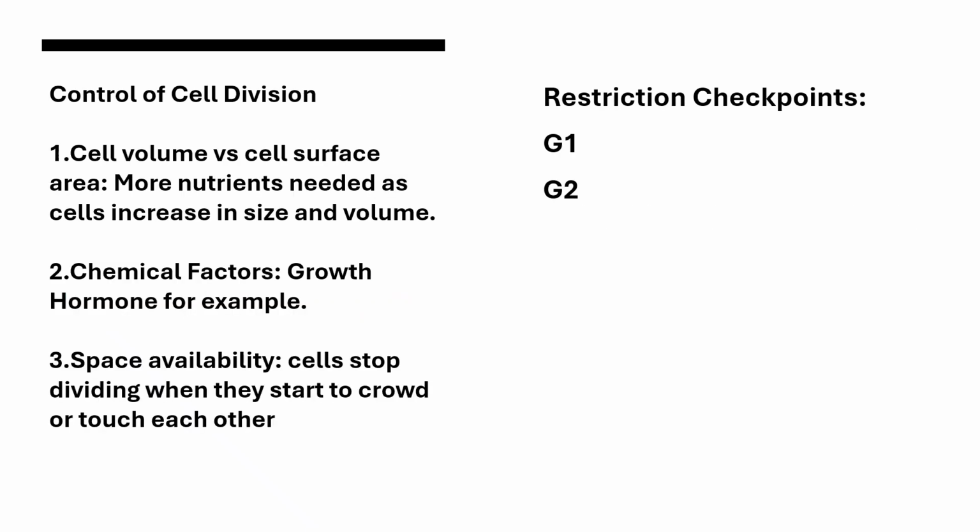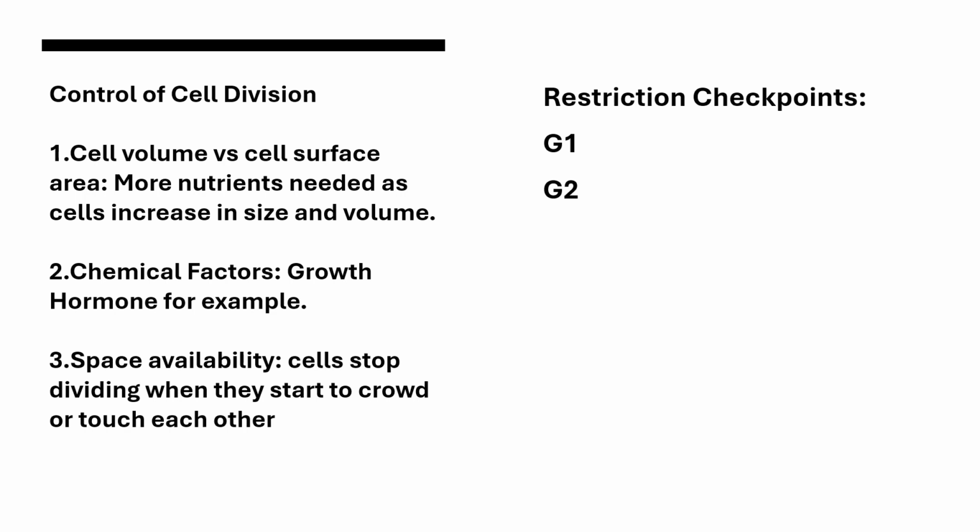All right, control of cell division. Cell division is controlled by internal factors and external factors. The ratio of cell surface area to cell volume is what limits how big a cell can be, and explains why most cells are microscopic. Chemical signals such as growth factors and hormones are released by other cells.